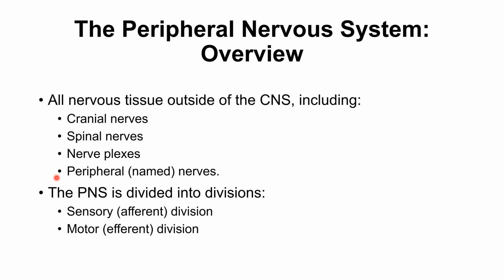And the peripheral nervous system as a whole is divided into divisions. So we have the sensory division, which is the afferent division, meaning it's going to take stuff to the central nervous system. And then the motor division is our efferent division. So it's going to take things away from the central nervous system and deliver signals to the body.